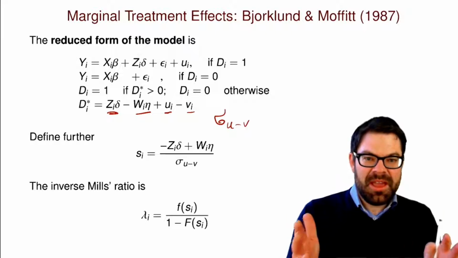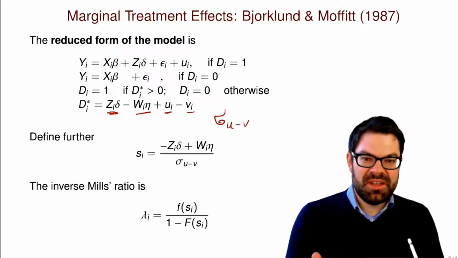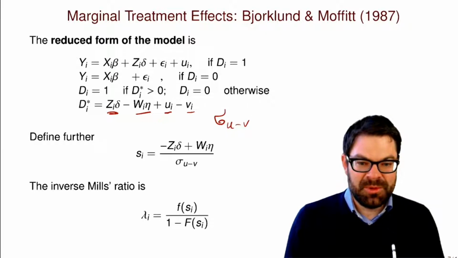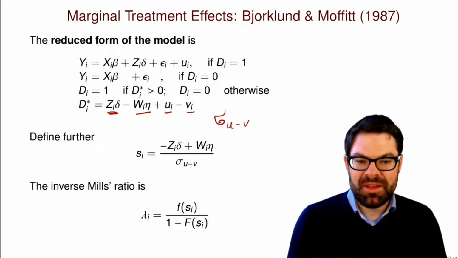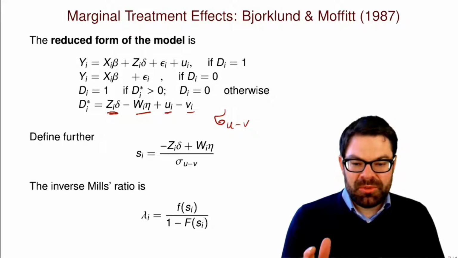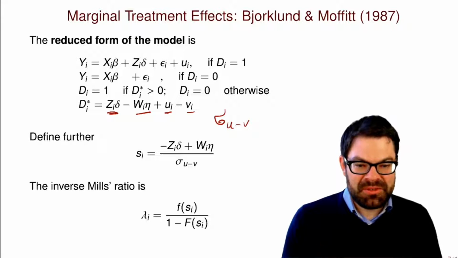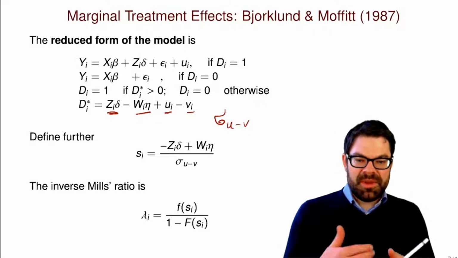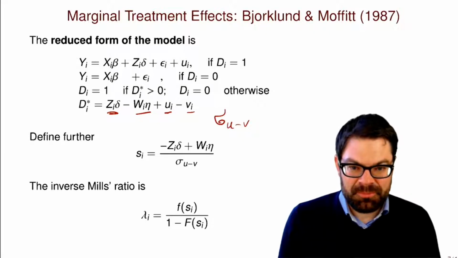And because we have two normal distributions, if we take the difference between the two, we end up again with a normal distribution. And now we can again look at the inverse Mills ratio here, which is simply with respect to U minus V.